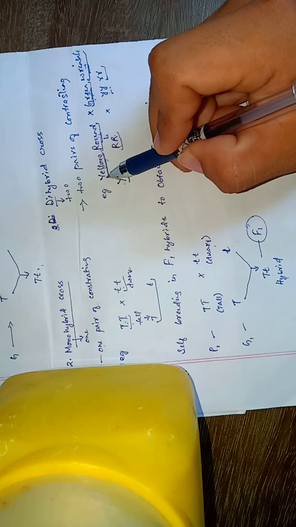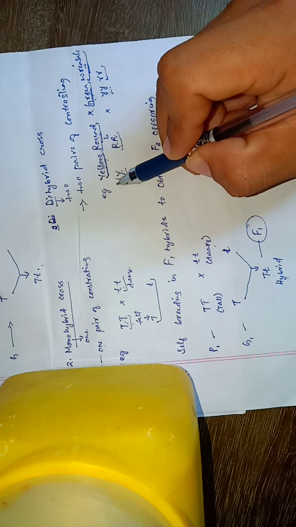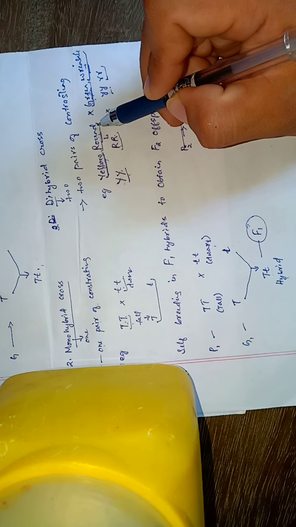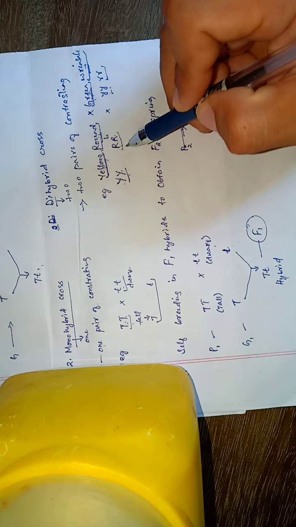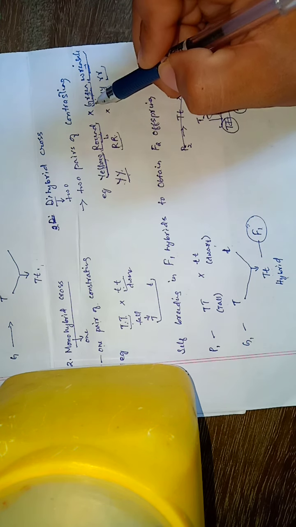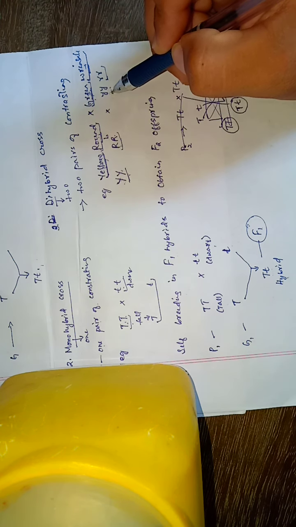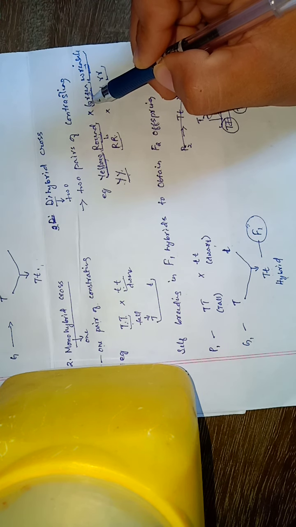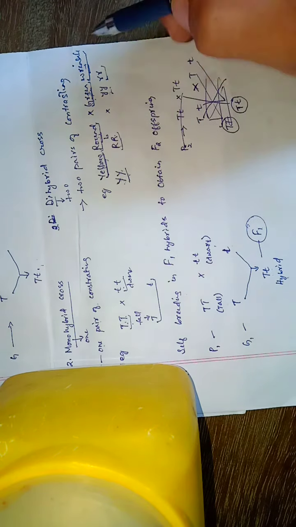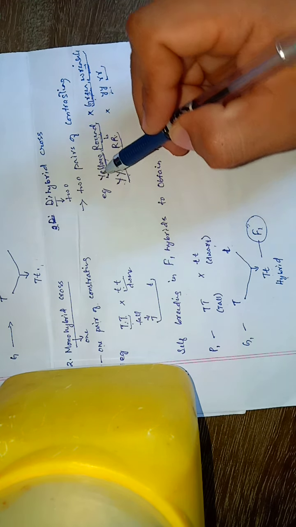So in this case, yellow will be represented by capital Y because yellow is dominant. Round will be represented by capital R because round is dominant. Don't get confused that green is represented by G. It's not like that, because we are talking not about the color and not the alphabet, but about the character.